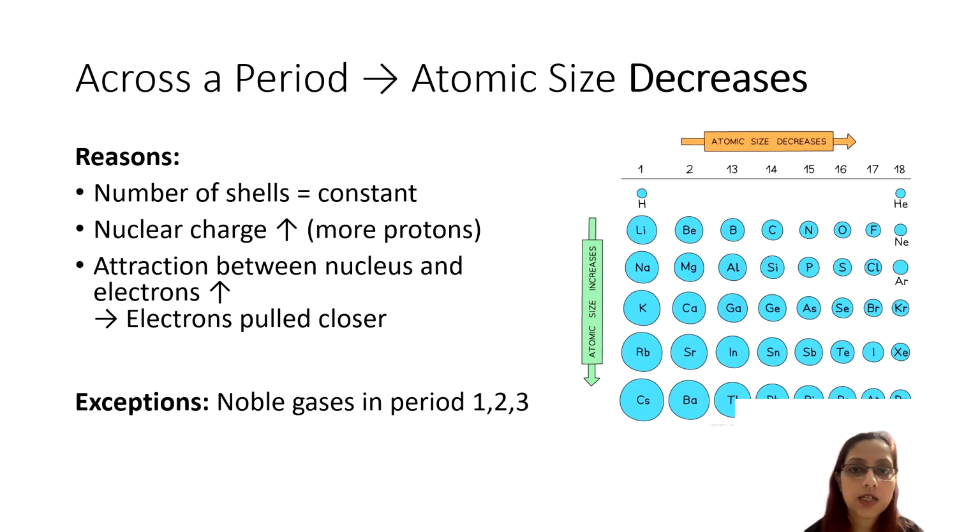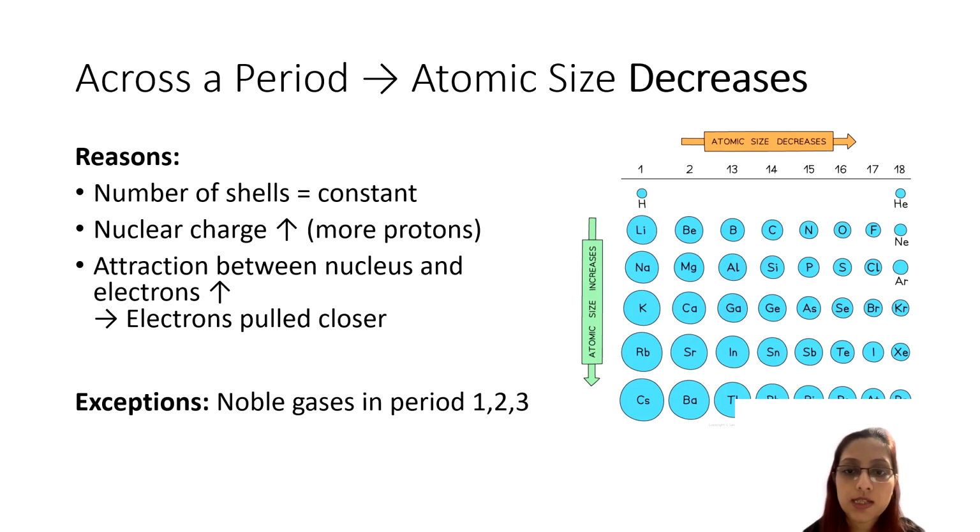Suppose let's take an example of sodium. Sodium's atomic number is 11. So sodium has 11 electrons, and its electronic configuration will be 1s2, 2s2, 2p6, that is 2 plus 2 plus 6, 10, and 3s1.